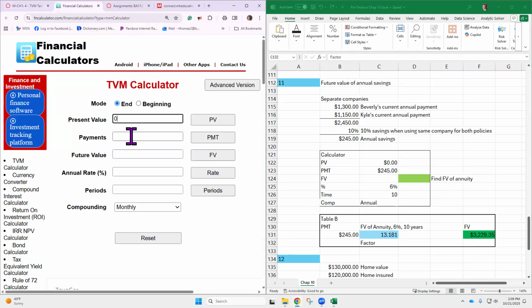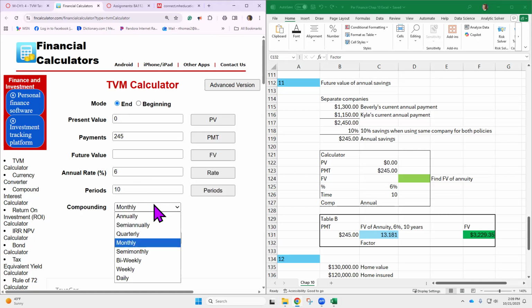So present value is 0, making payments of the savings. Remember, we're going to save on our insurance. So we're going to save $245 every year. If we do that 10 years in a row, how much would we have? Let's see if that's close.